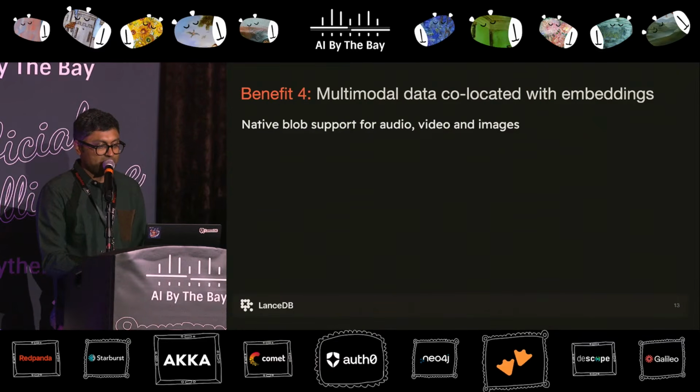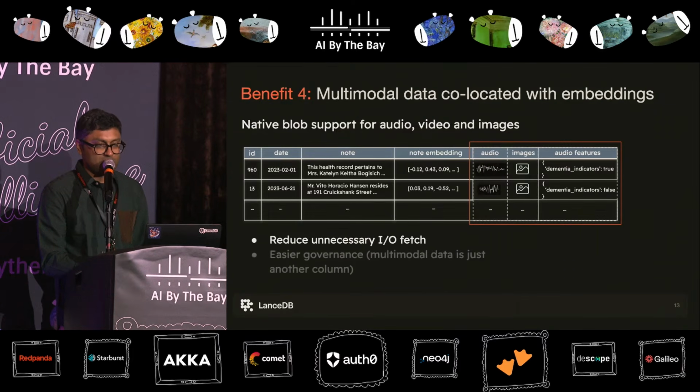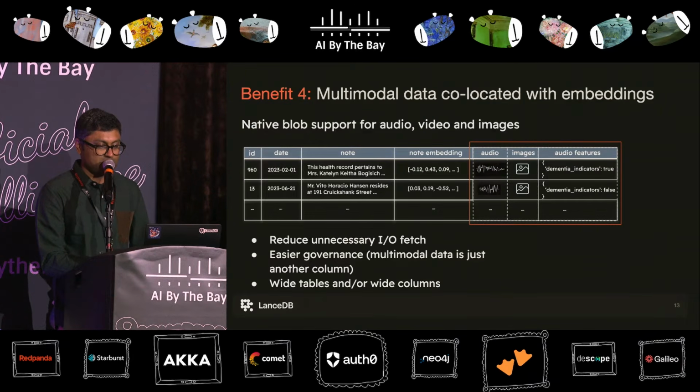And finally, the biggest benefit is the fact that multimodal data in a Lance table is co-located with the embeddings and the metadata. Lance provides first-class support for large blob data, as I mentioned. When you have new data coming in, say audio files or images or videos, you can treat these as large binary blobs and put them into their own column alongside the row ID for that particular record.